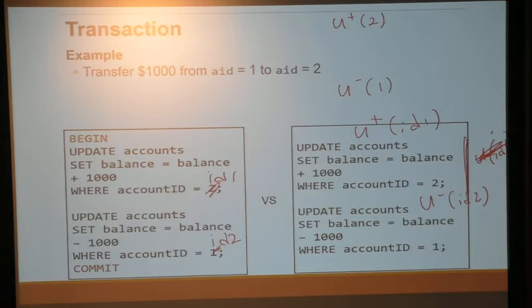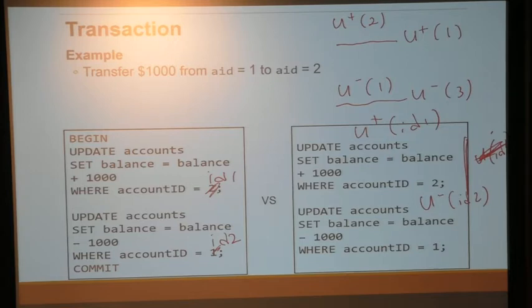But in between, what might happen is that 1 may also receive something from user number 3. Okay? This one occurs right after this, before this. Okay, so you can have a kind of interleaving like this.